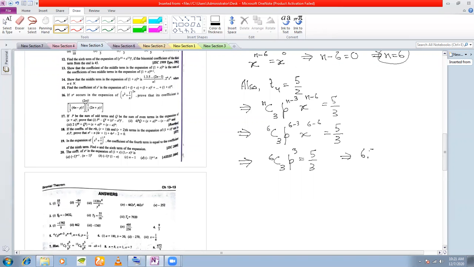6 into 5 into 4 by factorial 3 p cube is equal to 5 by 2. That means 6 into 5 into 4 divided by 3 into 2 into 1 p cube is equal to 5 by 2. Now let's calculate this. This will cancel.